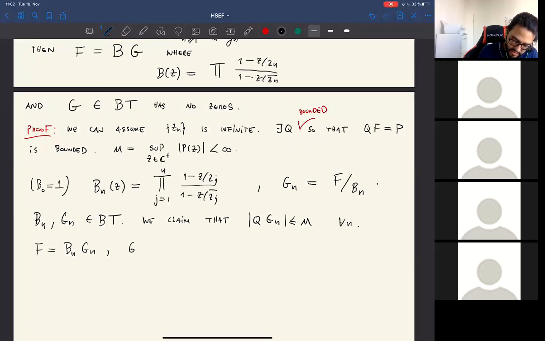So I know that G_0 is of bounded type because G_0 is just f. So we can assume by induction that G_n is of bounded type. And then I will show that G_n is of bounded type, that's clear. But I can assume by induction that I do satisfy this.